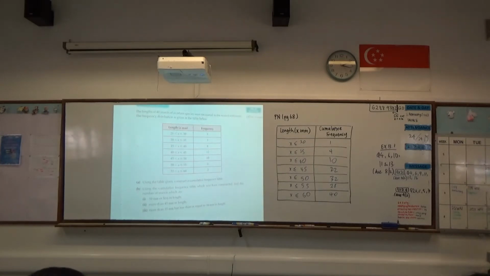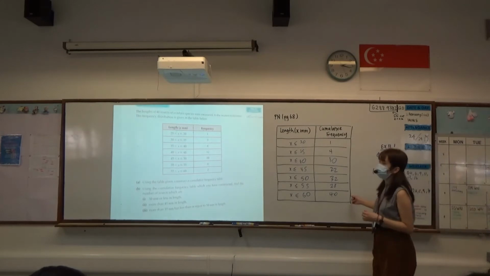Compare your table with the table that Joseph has filled up over here.